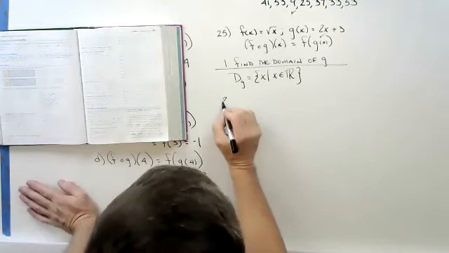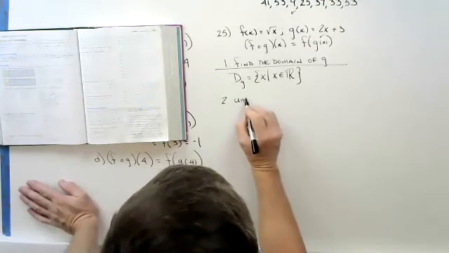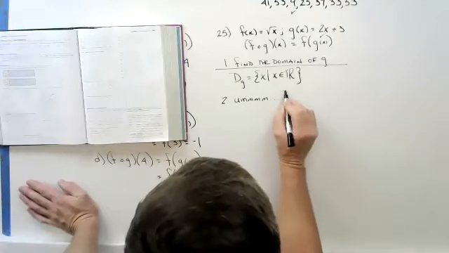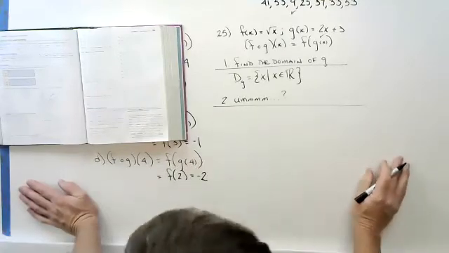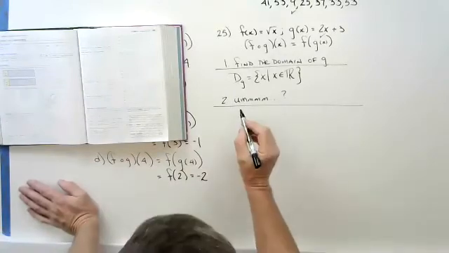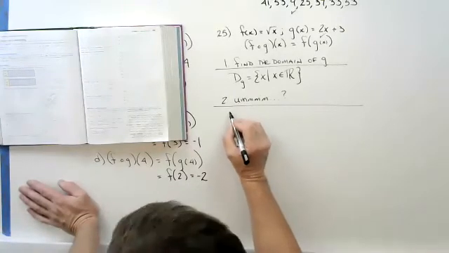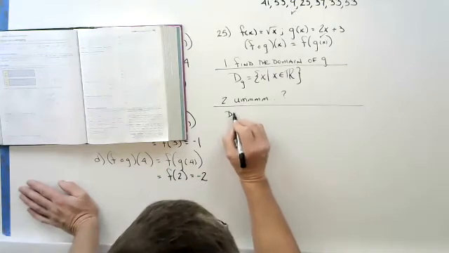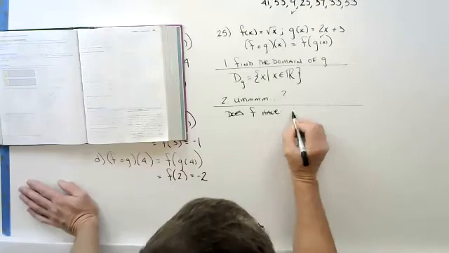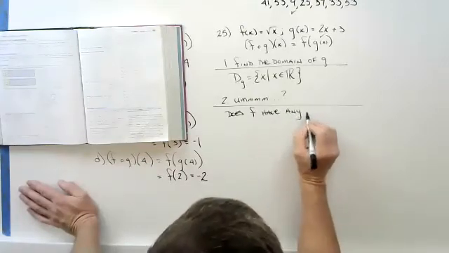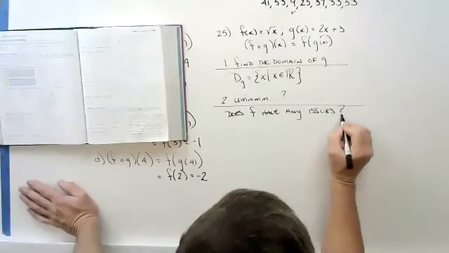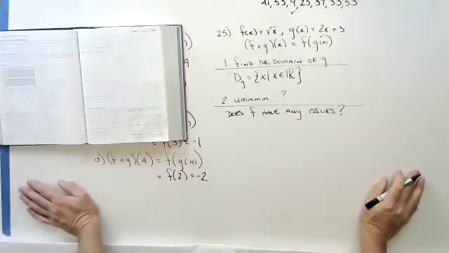Now our second step. Right here we have to ponder. We have to think. And I told you that you begin with the question, does f have any issues? That's where we begin.